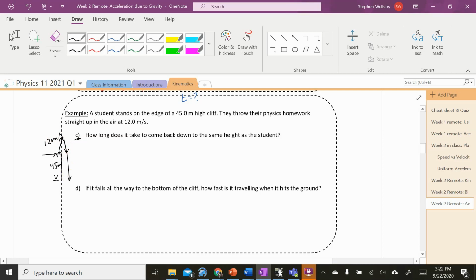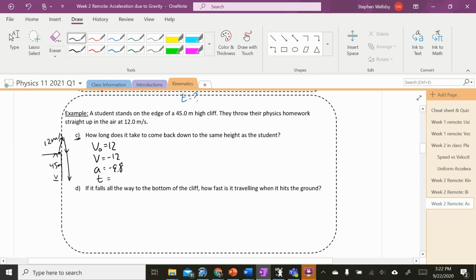So let's try and solve part C. How long does it take to come back to the same height? Well, we can use our tip that we just learned from the previous question. So let's look at this. At this point, V naught is equal to 12, V is equal to negative 12, a is negative 9.8, and we're trying to solve for t.